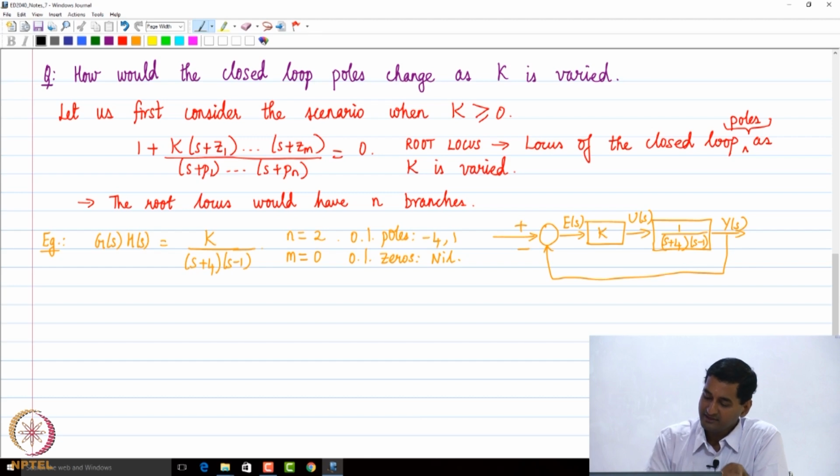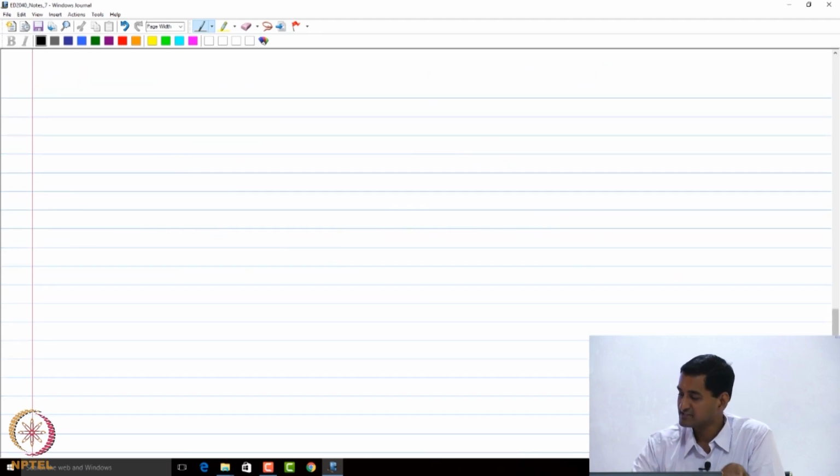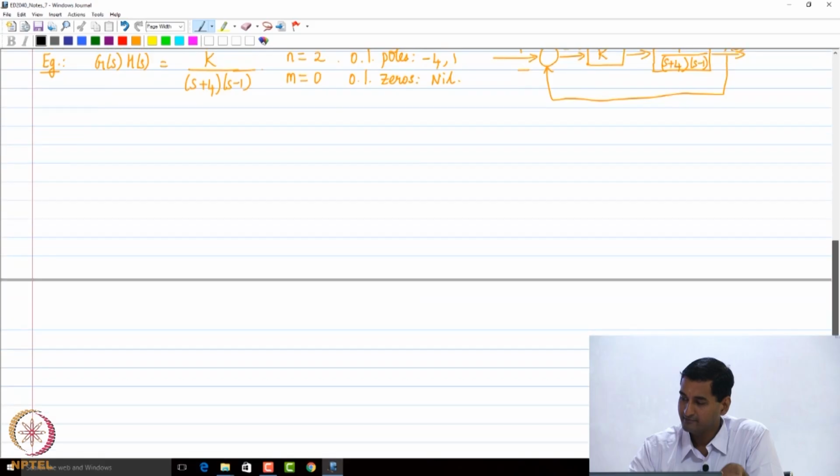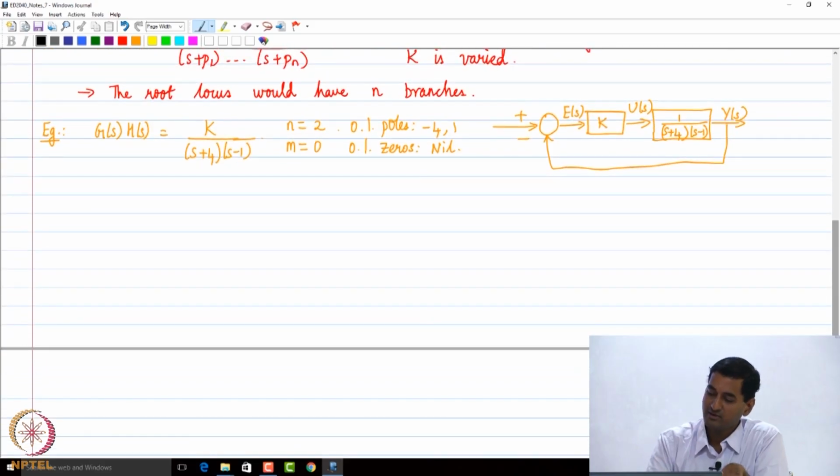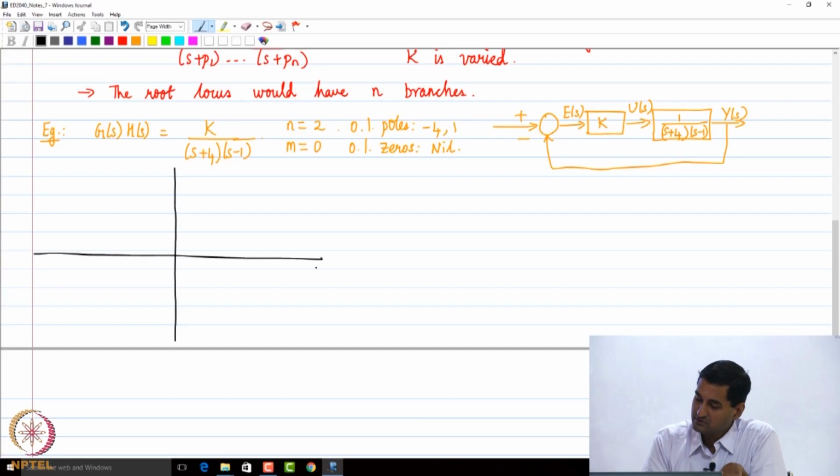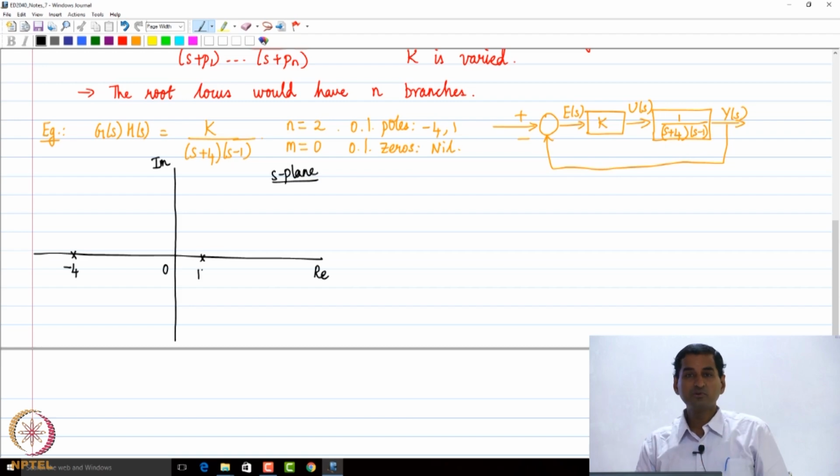Now, let us construct the S plane, or the complex plane: the real axis, the imaginary axis, the origin. In this particular example, I mark the 2 open loop poles at -4 and +1. There are no open loop zeros here.